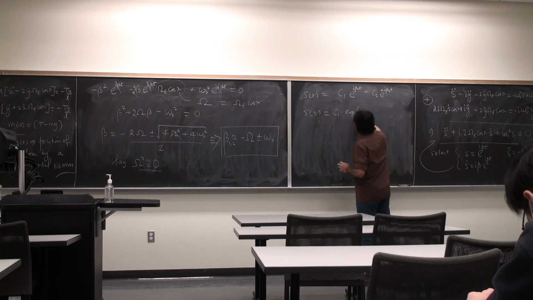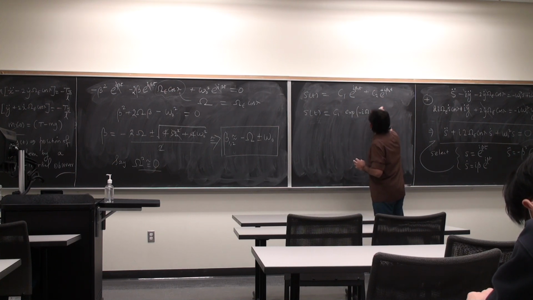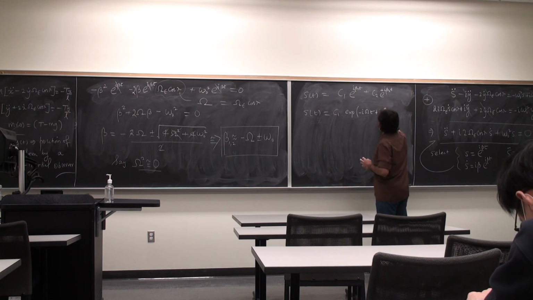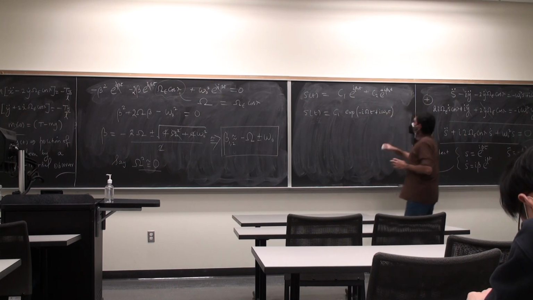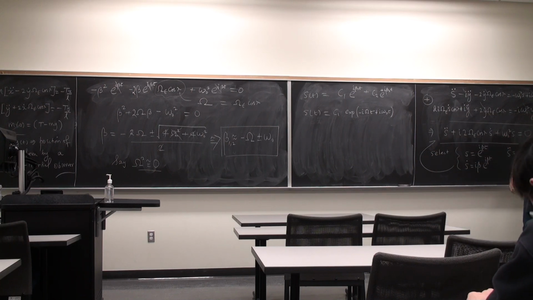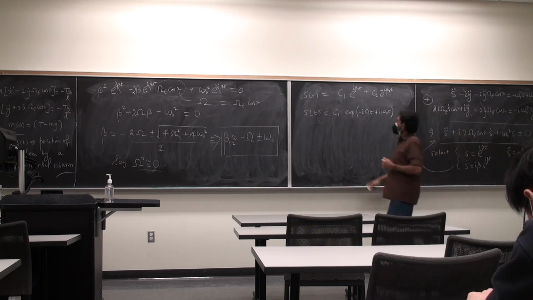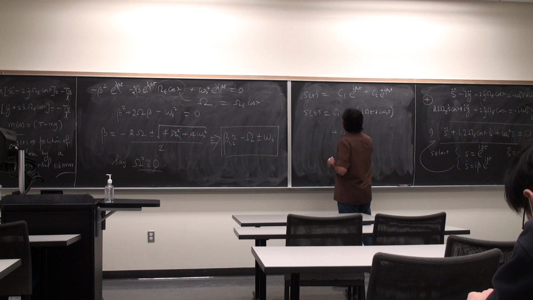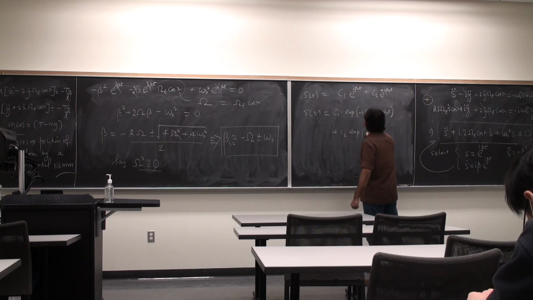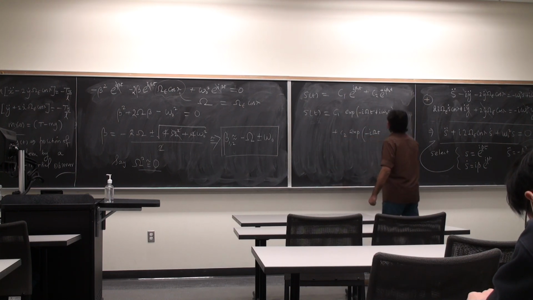So C1 exponent of minus I omega t plus I omega naught t. I'm substituting for the first root, the positive one. The second root will be the negative one, plus C2 exp minus I omega t, and that's going to be minus I omega.